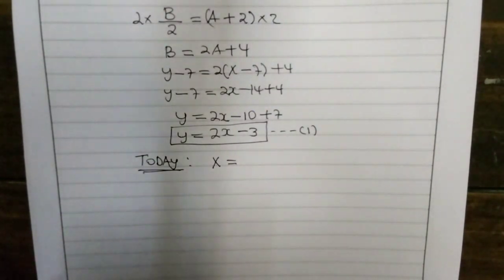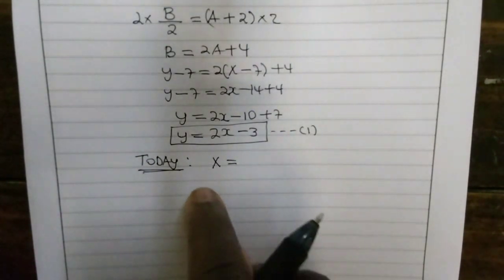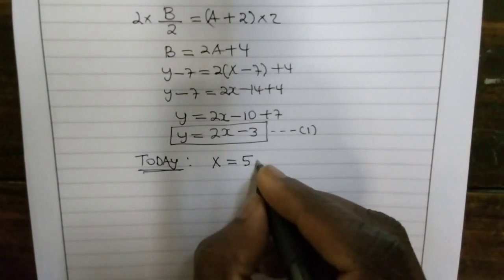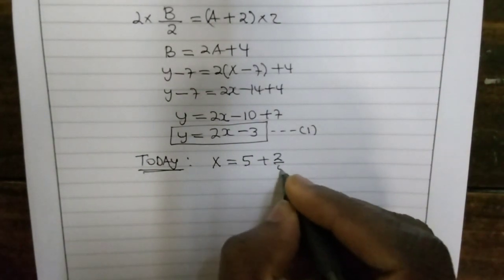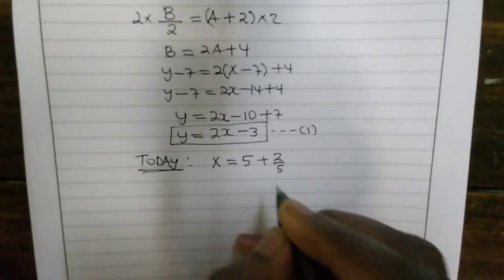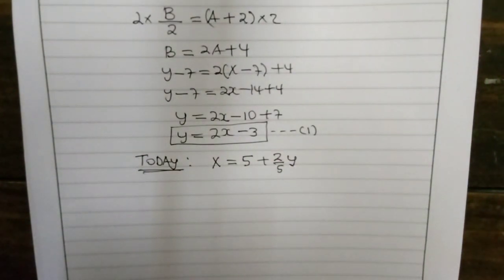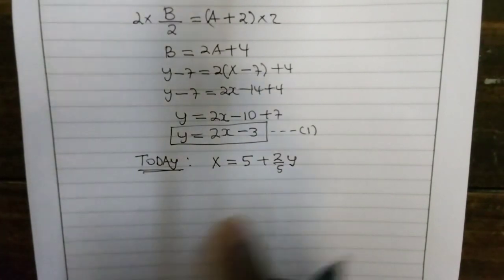So I'm going to write that in a mathematical way. My age, which is X, is 5 years older than 2/5 of the age of my uncle, which is Y. Then I'm multiplying both sides by 5.